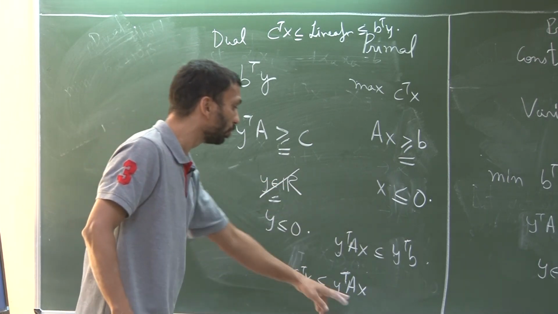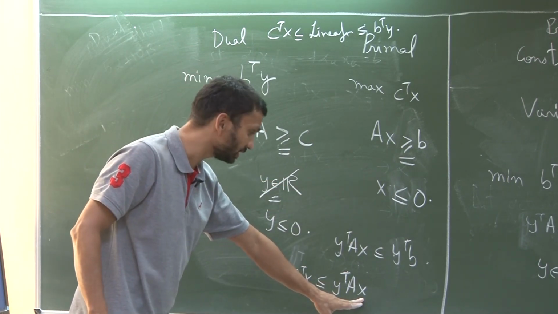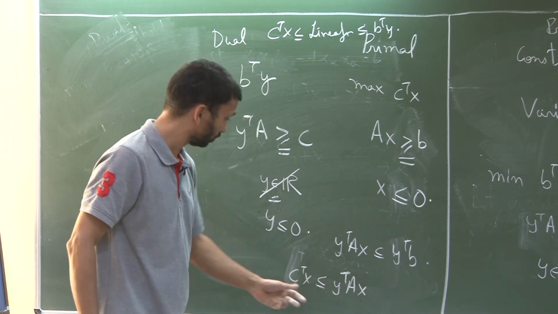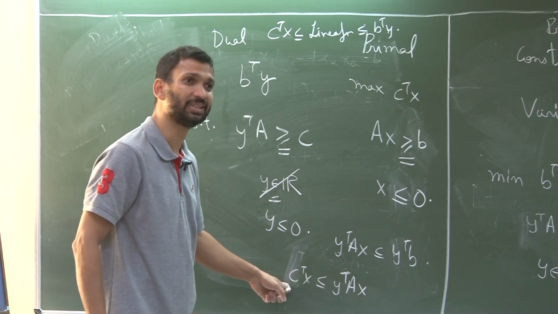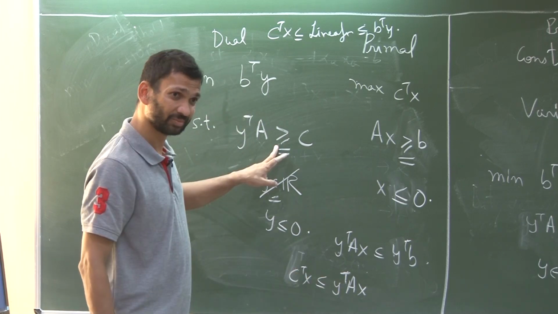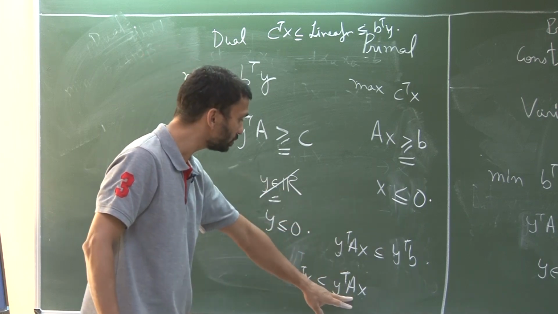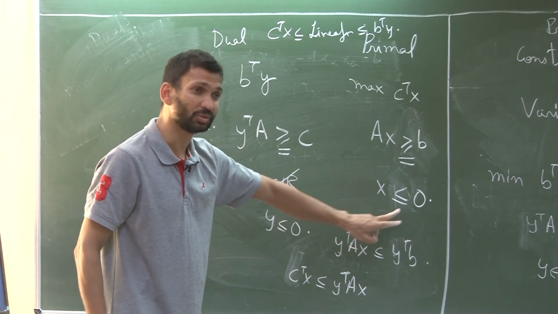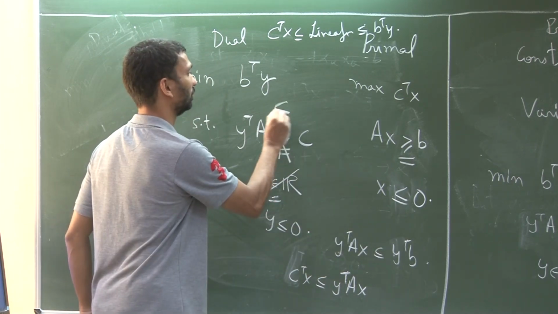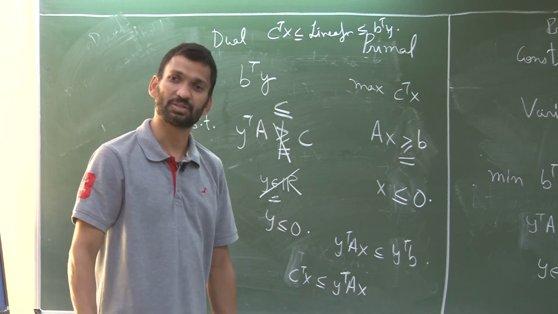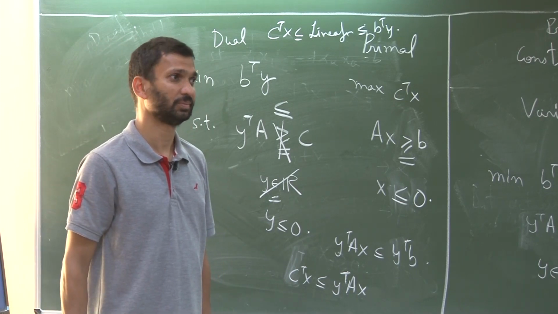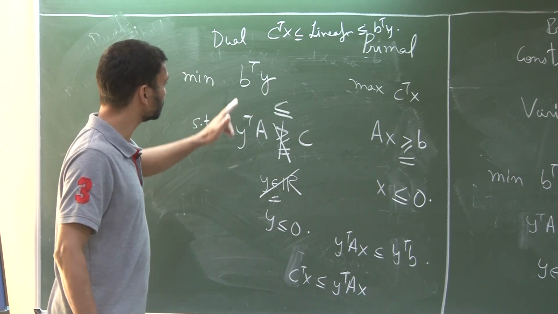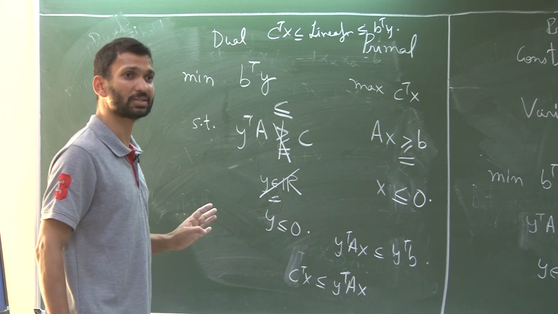So if I know X to be greater than equal to 0, and if I want this condition to be true, what relation do I need for Y transpose A and C? If X was greater than equal to 0, then I would want Y transpose A more than C. But X is less than equal to 0. This is your dual. Minimum B transpose Y, Y transpose A less than equal to C, Y less than equal to 0.